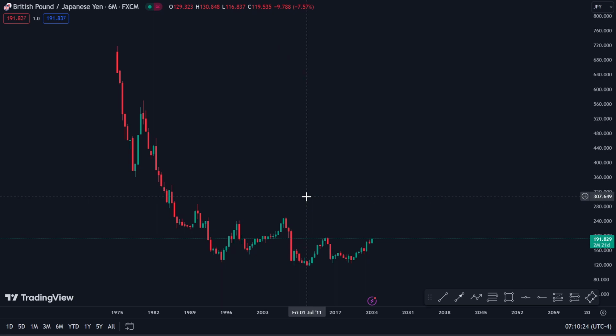Number one is to fill an inefficiency in the form of a fair value gap, volume imbalance, or a liquidity void. And the second primary reason why price moves is to take out liquidity in the form of sell stops and buy stops. And friends, that is what we're going to look at in depth today, and probably shed some light on how to go about it as far as the chart analysis is concerned.